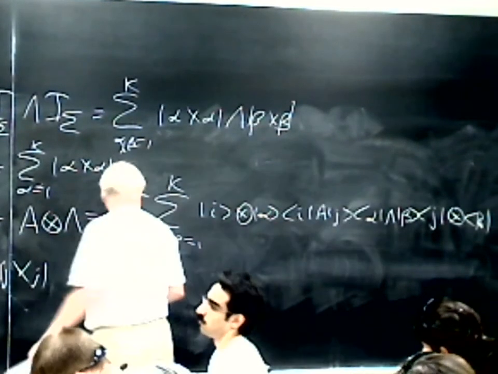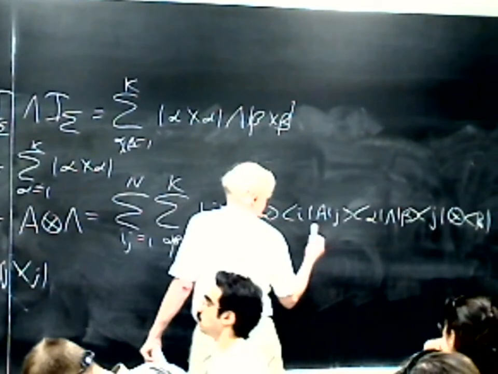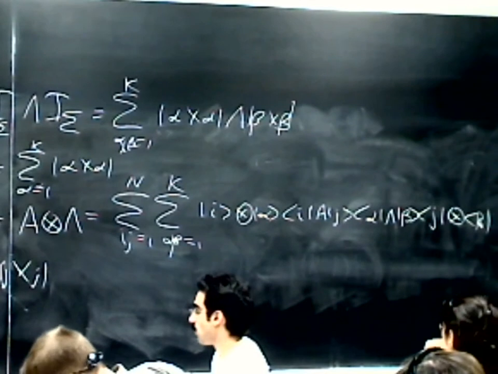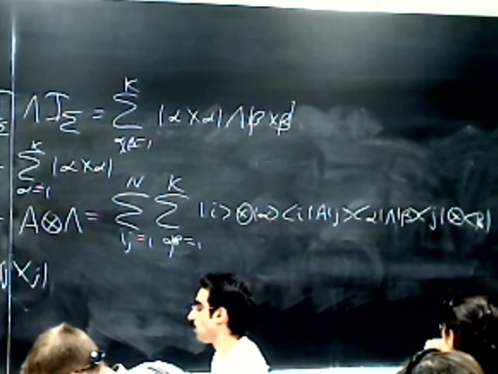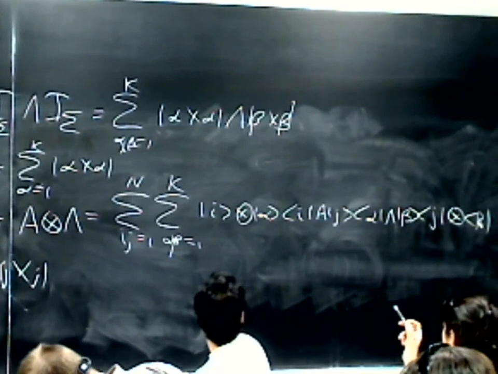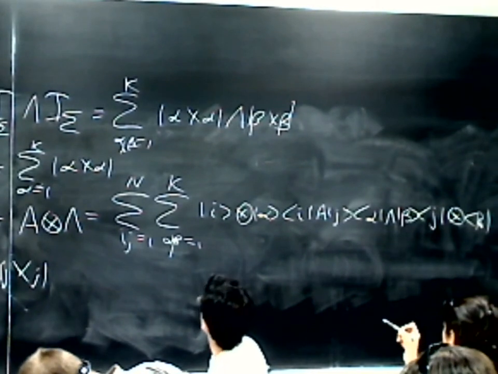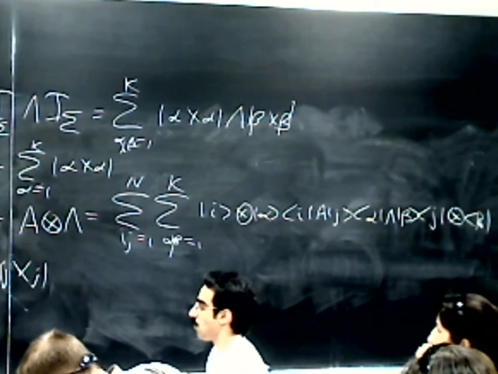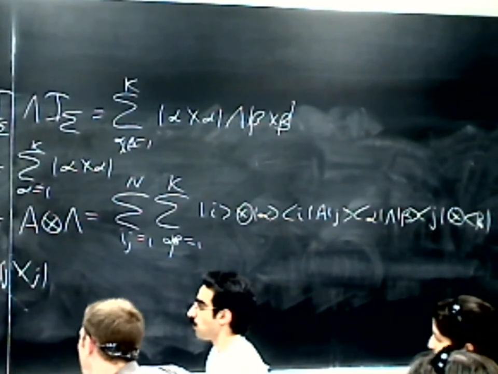Okay, so notice that you just have the product of the matrix elements, and that product rule is the one that I wrote down over here.